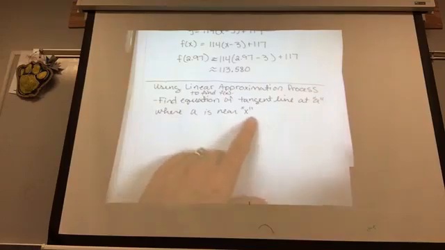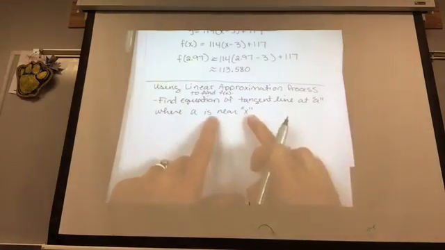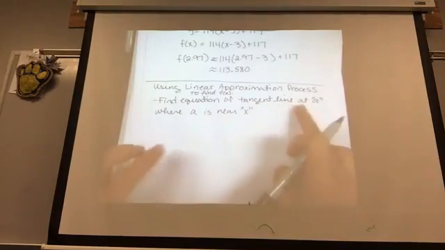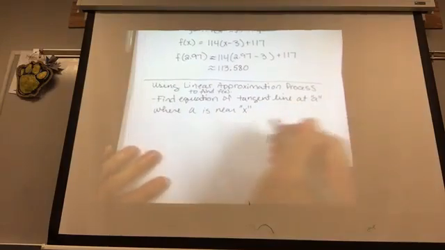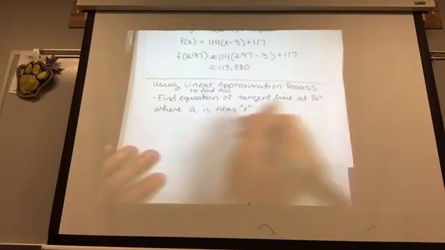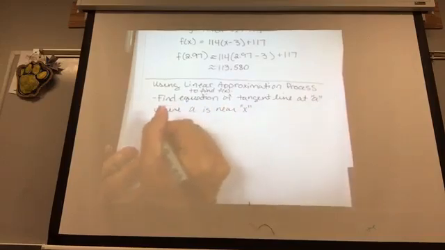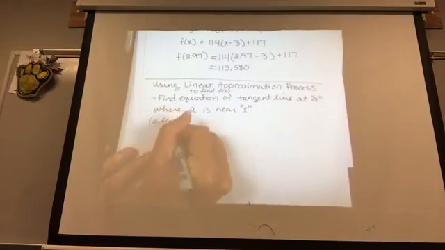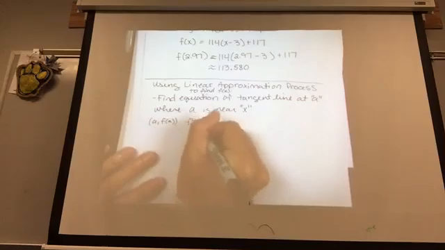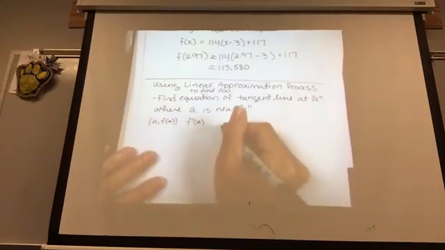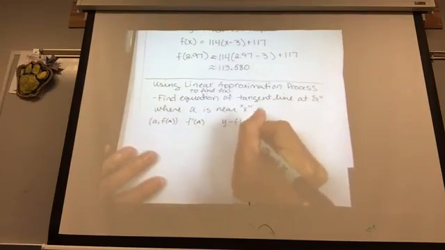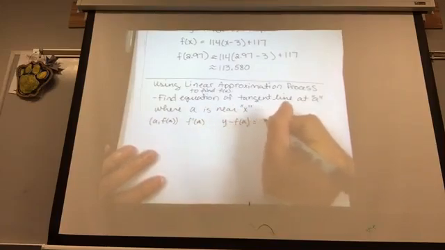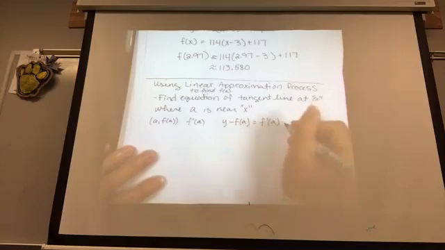And so now I'm going to pick some value that's near a, and I'm going to write the equation with that tangent line. So I know I'd have my point a, f of a, when I write my equation of my tangent line. And then I would need my slope, f prime of a. So my tangent line would be y minus f of a equal to f prime of a times x minus a.